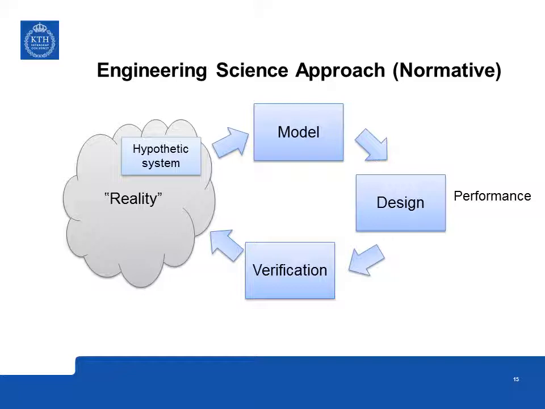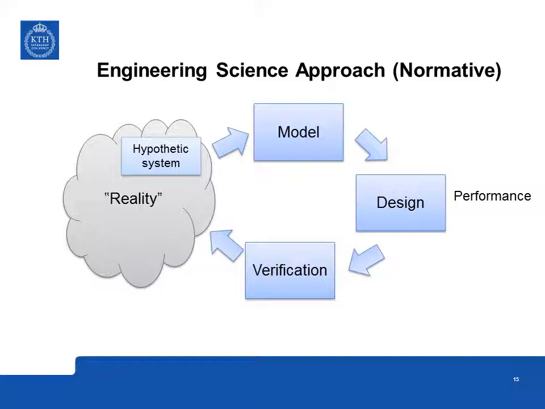We have the gorge, we have the soil, we have the mountains around where we want to build the road and the bridge. But the bridge itself is at the design phase still a hypothetical system that we have to model. So we want to model both the reality and the hypothetical system in it.